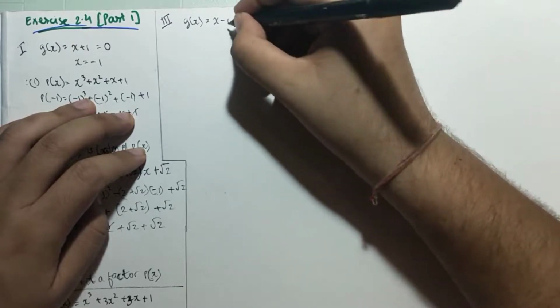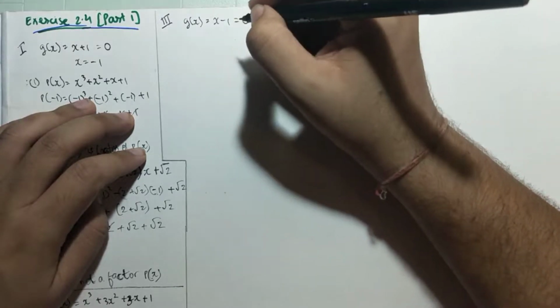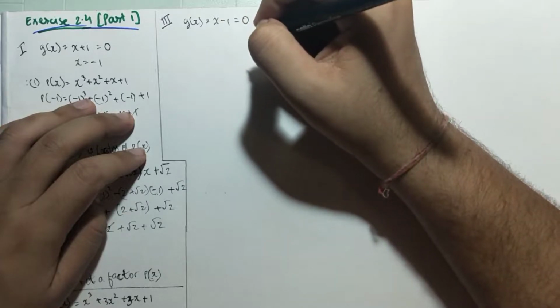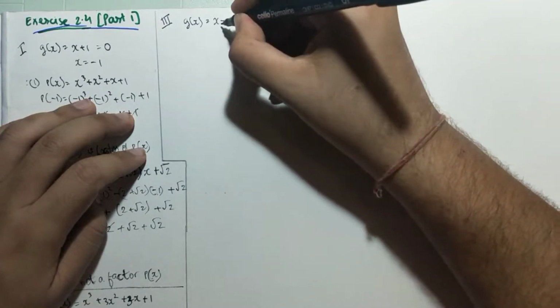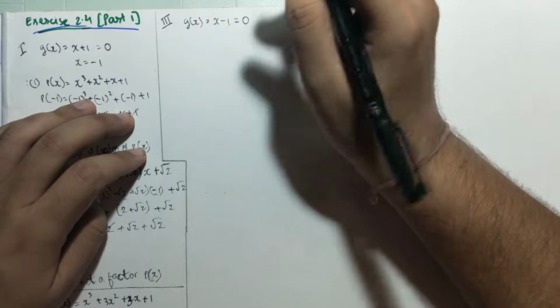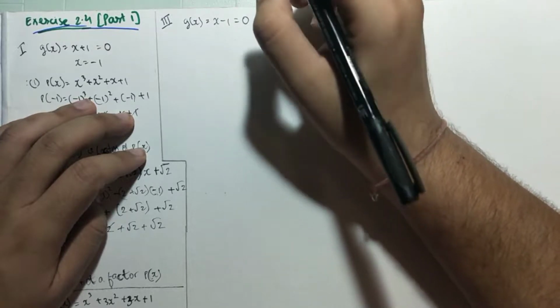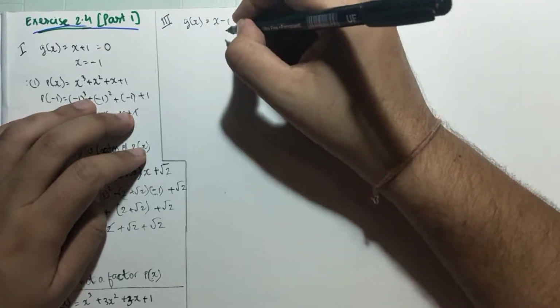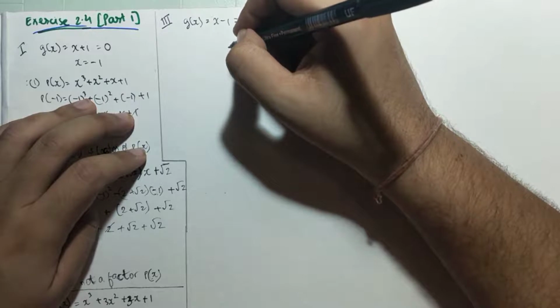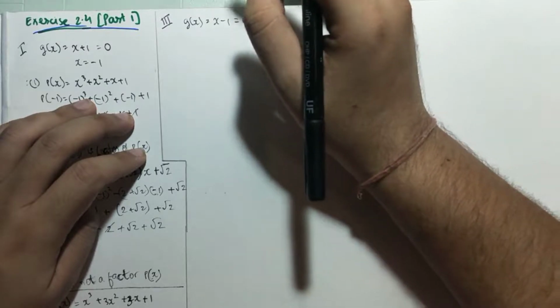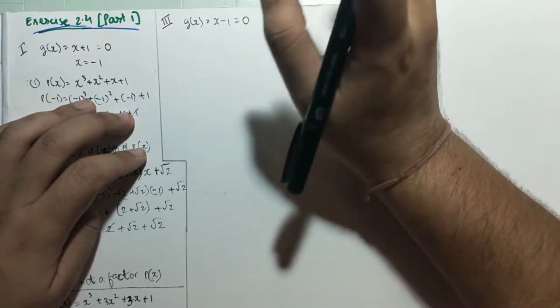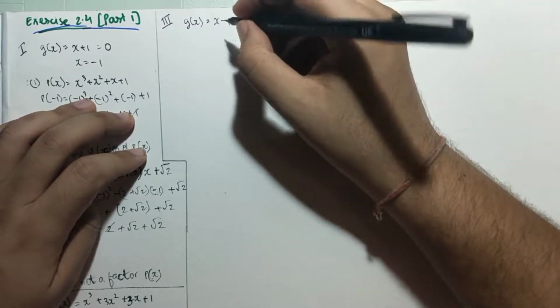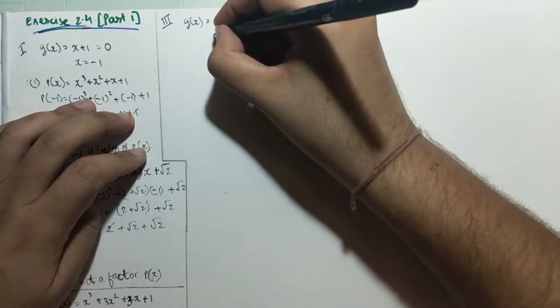So if it is already a factor, that means the remainder will come out to be 0. After substituting the value of x in the dividend polynomial p of x, the remainder will definitely come out to be 0, because g of x is a factor of p of x.